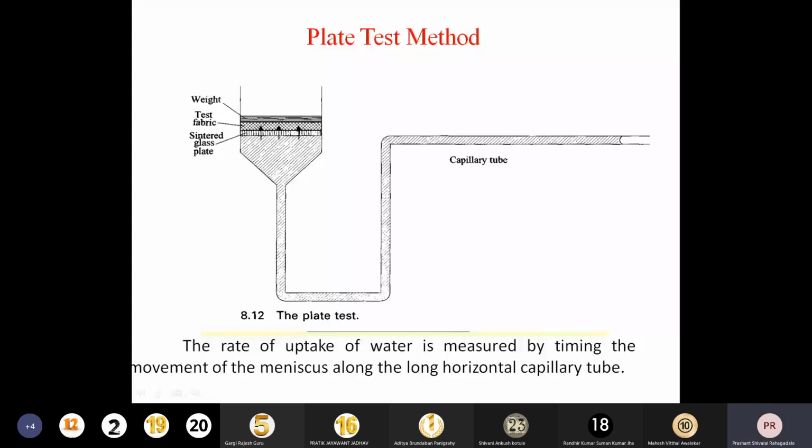Now to make it easy, अब easy तो नहीं बोल सकते, but to get the results or to measure this transverse wicking, we are moving toward the method.